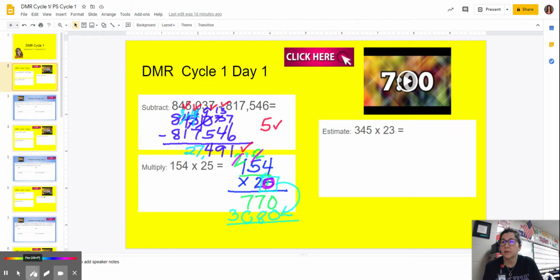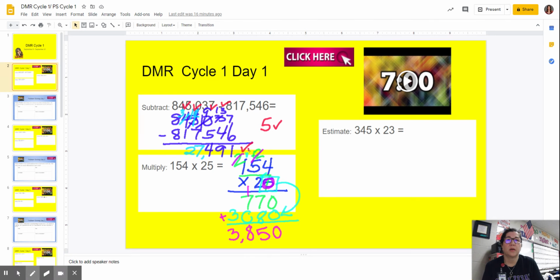Then we add, so we're going to go back up, get a pink color. 0 plus 0 is 0. 7 plus 8 is 13. Carry my 1. 7 plus 1 is 8. And bring down my 3. So my product of 154 times 25 is 3,850.